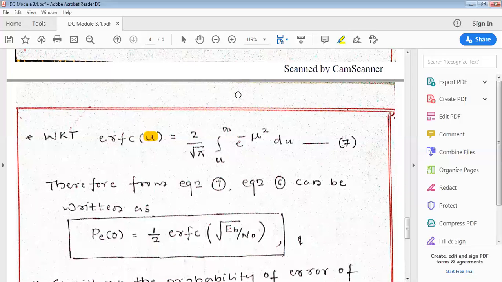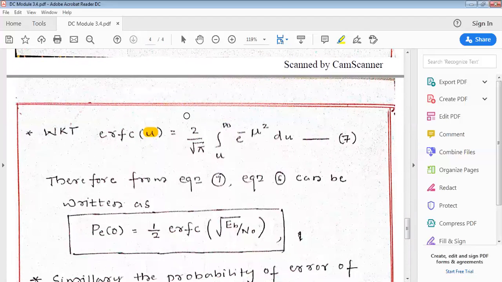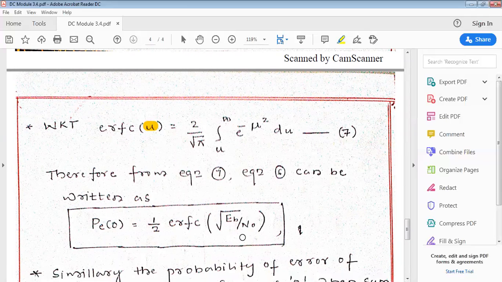So you can write P of 0 is equal to 1 by 2, and the rest of all the terms are defined by this complementary error function. That is ERFC of u, where u is nothing but the square root of Eb divided by N naught.